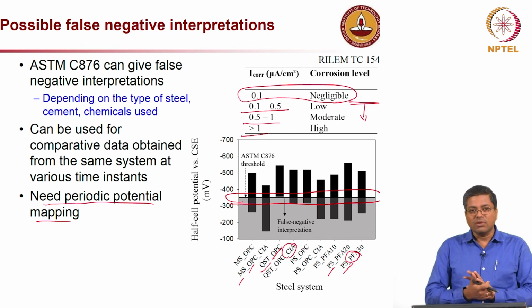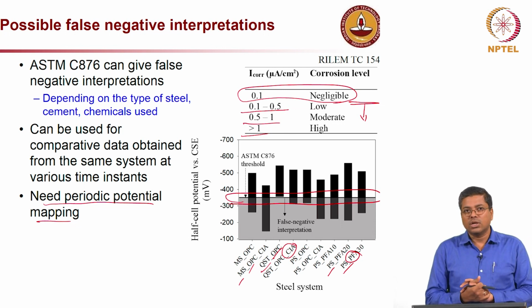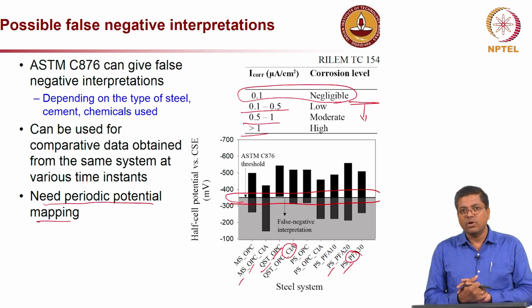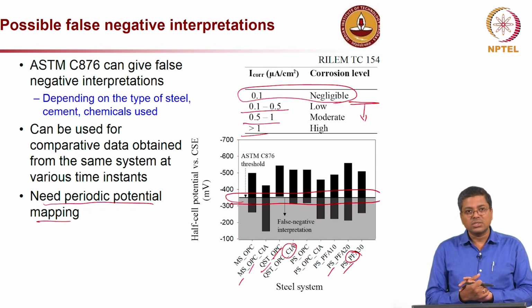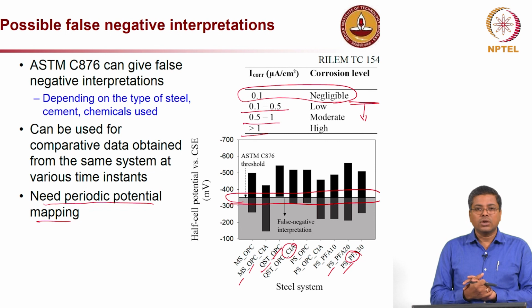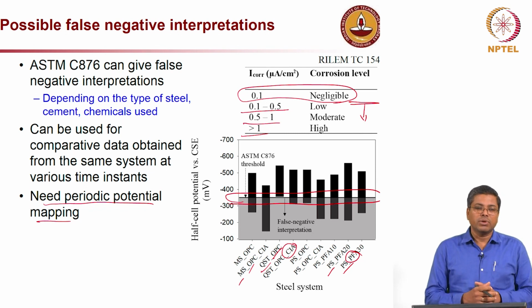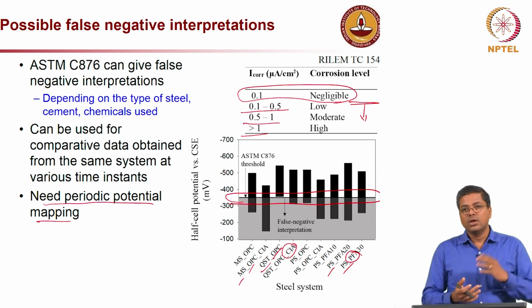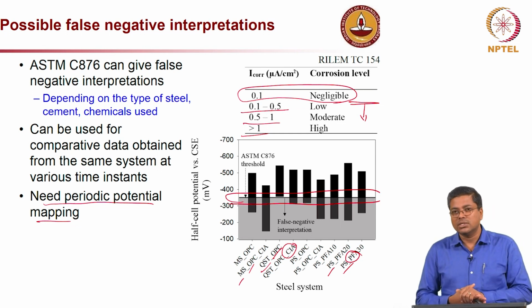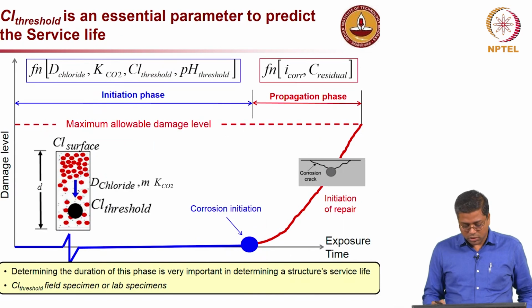This is very important about potential mapping. We have to be very careful in using these numbers, and the criterion of minus 350 millivolt should not be blindly used. We should rely on comparative measurements, looking at which area is more positive and which is more negative, and then say that the more negative region has a higher probability of corrosion.